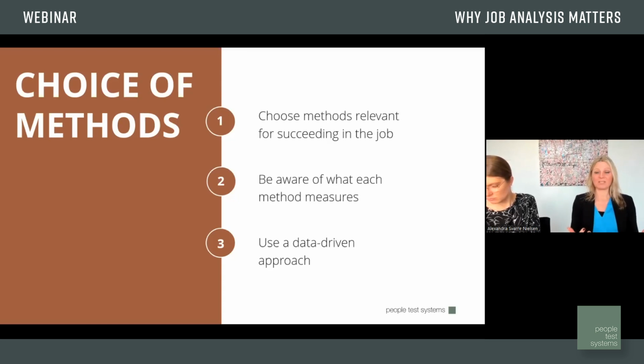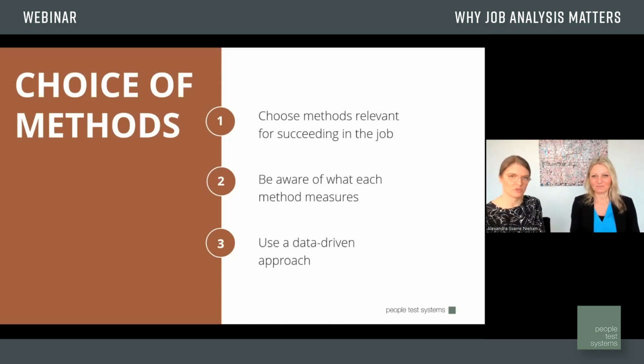If you're conducting a case because you want to check if the candidate is able to train or educate in a proper way, then measure only that thing. Don't start looking at something else or listening to what the candidate is saying. Focus on the skill of training or educating. And then use a data-driven approach. Again, the more structured, the better, and we will show you how to do it in the system.